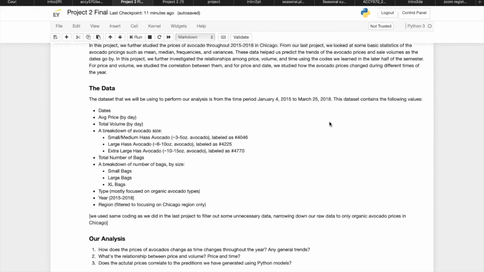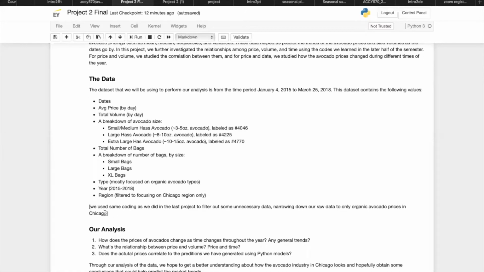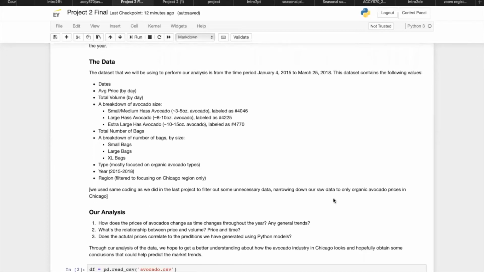We basically use the same raw data as we did in our last project. In this project, we also focused on the Chicago region and on organic types of avocados prices through 2015 to 2018. Our code is the same in terms of filtering the specific data to narrow us down to only organic avocado prices in Chicago.